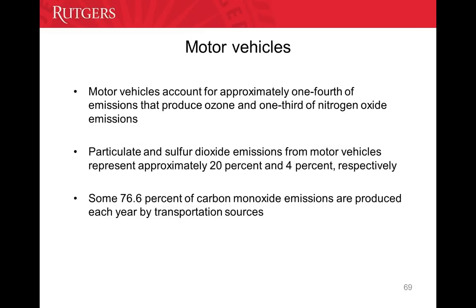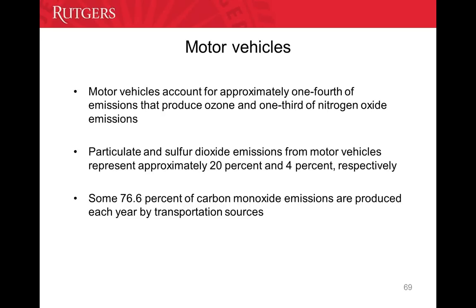So, as you might guess, the number one air pollution problem is the use of automobiles. Motor vehicles account for about 1/4 of the emissions that produce ozone, about 1/3 of the NOx emissions. Particulate and sulfur dioxide emissions from motor vehicles represent a significant amount as well, particularly the particulates, almost 1/5 or 20%.